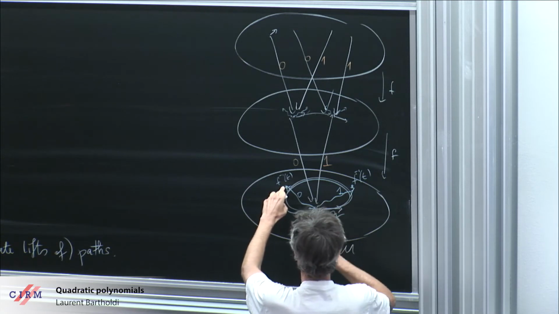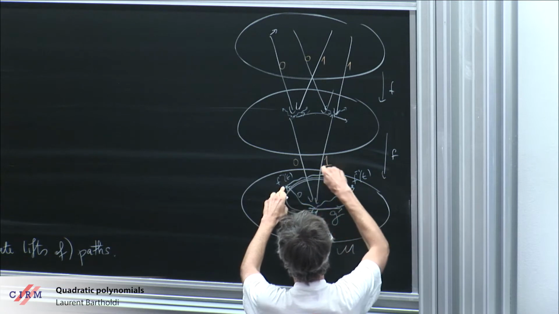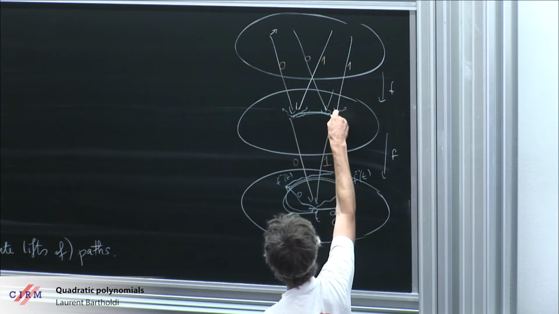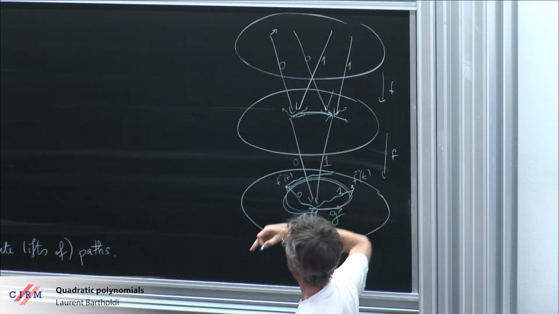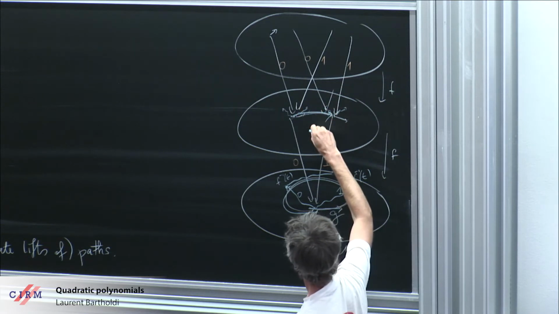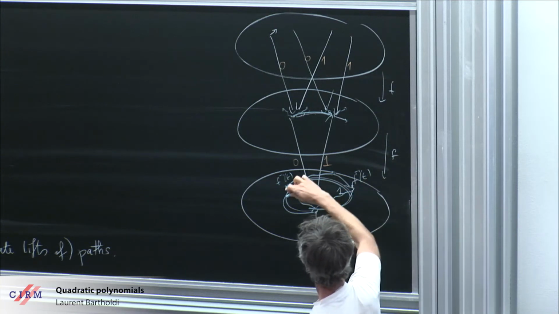But there's a unique lift by F of G that starts here. And, well, it's in fact going to be this thing here. You have to always remember that the picture takes place in some other image. It will be this arc here.